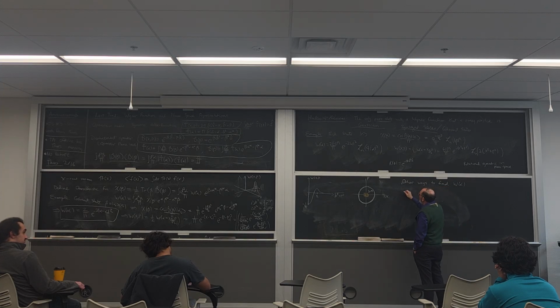So one way is the way Wigner wrote it down originally, which you're deriving in homework. So the Wigner formula is the following.